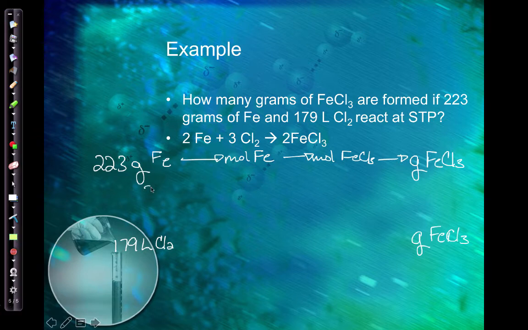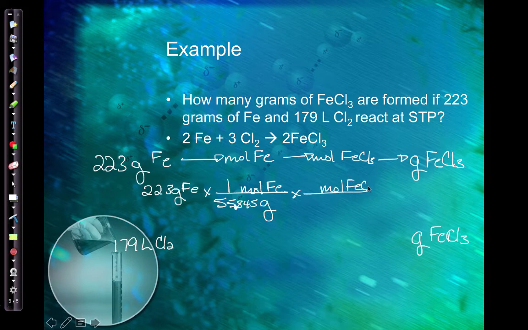So let's do that. So I have 223 grams of iron. I can go to moles of iron. So 1 mole is equal to 55.845. Now I'm going to go to moles of my product. So moles on top of moles, I'm going to use my coefficients.